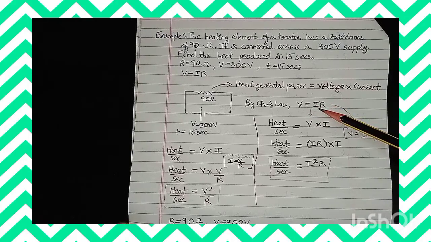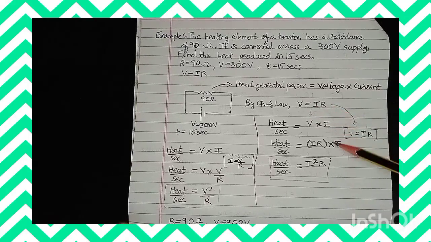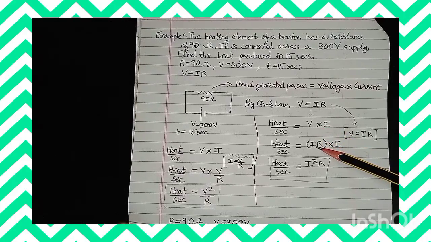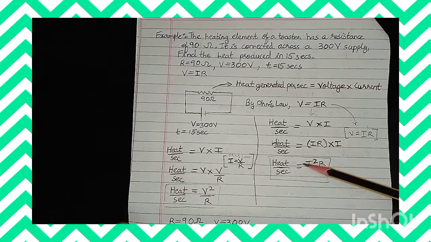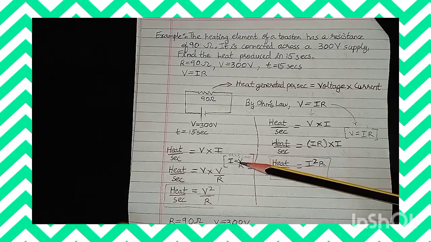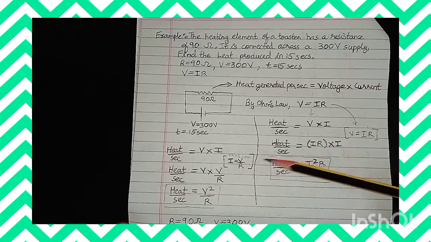So we have to substitute this value. Instead of V, we have to put IR. We will get IR into I. So heat per second will give you I square R. Using this method also, you will get the same answer.